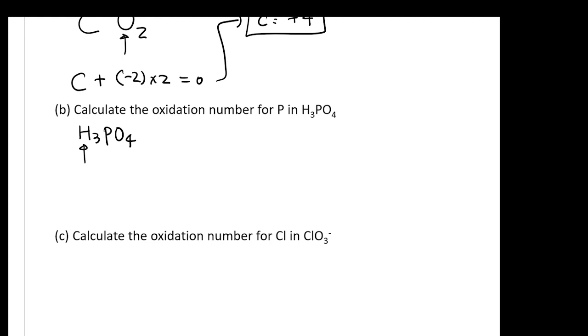If you have a compound with hydrogen, it's going to carry +1 charges, and you have 3 of them, so there's 3 times +1. Phosphorus, you don't know the oxidation number yet. That's the thing you want to calculate. For the oxygen, you have 4 of them, and oxygen always carries -2. So all these things are going to equal 0. Therefore, phosphorus is going to equal +5.